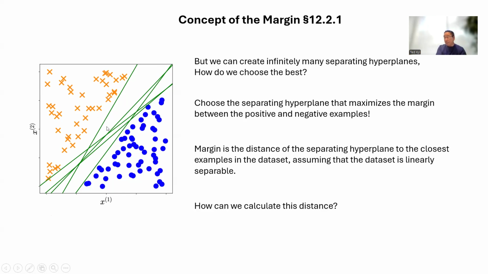But if my penalty for having a point on the wrong side was 1 billion, then that would cause my green line to shift all the way to be right here, right next to all the orange X's, just so that I could get that blue dot on the correct side of the line.